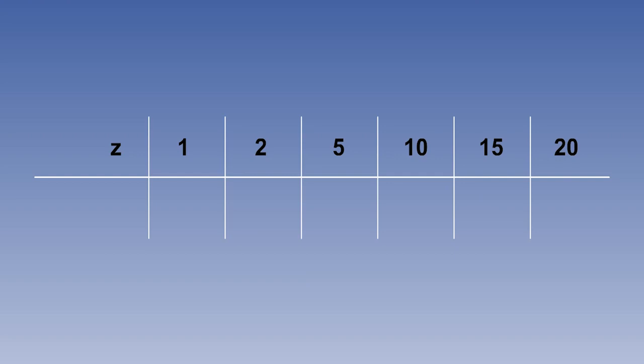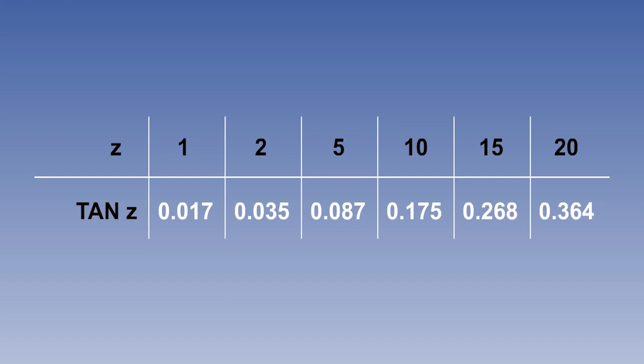The geometry of it is quite simple. The rule of tangents explains why it works. The tangent of an angle is the relationship of the opposite side divided by the adjacent side. The table on screen illustrates some examples from 1 degree to 20 degrees.